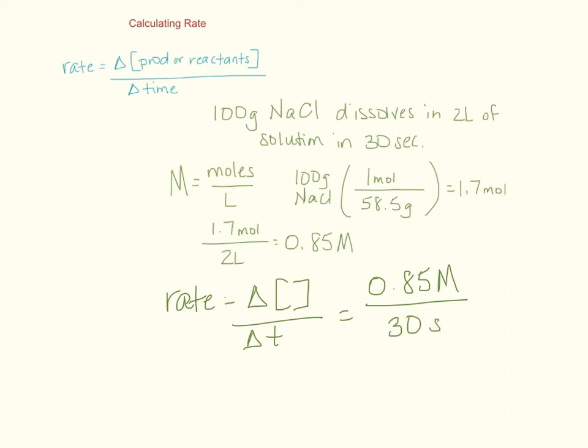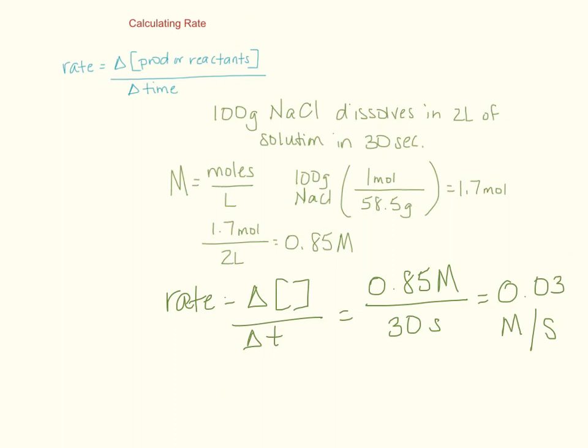So if you had 1 minute, you'd have to convert it to 60 seconds, 2 minutes, 120 seconds, and so on. So 0.85 divided by 30, and we get a rate of 0.03 molar per second.